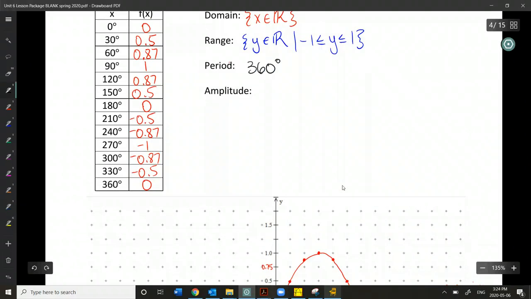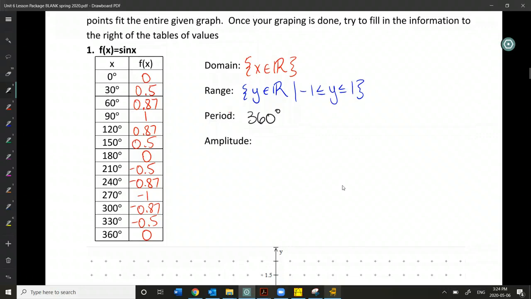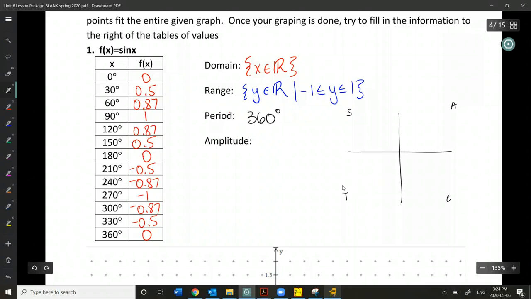Okay, now if we think back to our quadrants from last chapter, you don't have to write CAST, but why does it make sense that one cycle would take 360 degrees and then start repeating again?